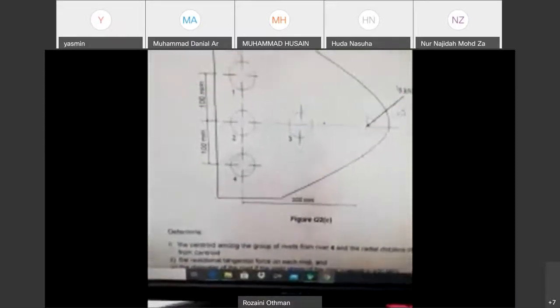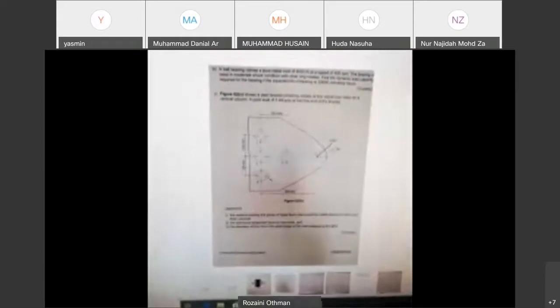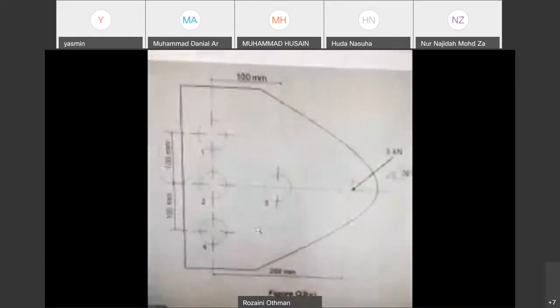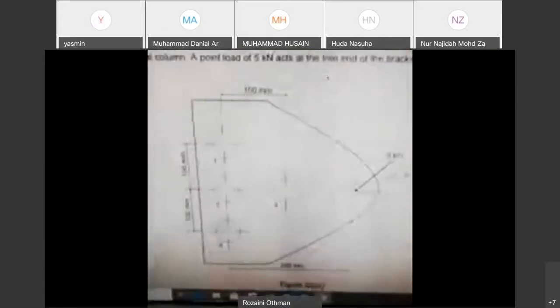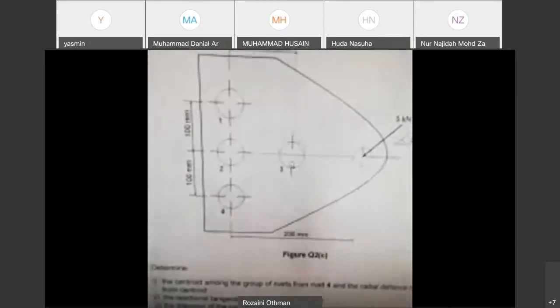According to the question, that's the first thing you need to determine. Now, please bear in mind that the rivets mentioned in this question mean the area of each rivet is the same. Okay.